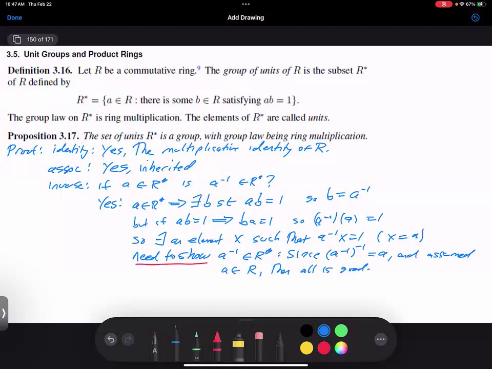Okay. And then the last thing is closure. So let's say A1 and A2 are in R star. So there exist B1, B2, such that A1 B1 equals A2 B2 equals 1. Then what do you think the inverse of A1 A2 would be?